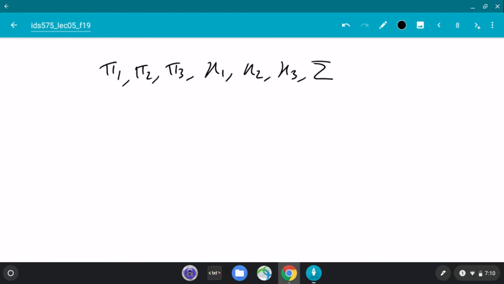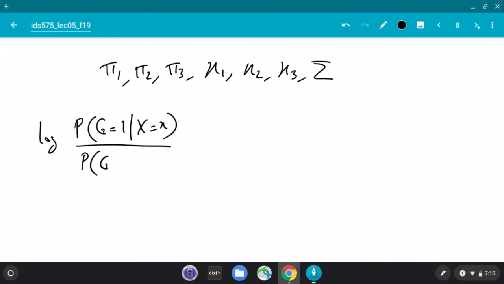And why is that? For that, let's look at the log of the probability of g equal to 1 given x equal to x, divided by the probability of g equal to 2 given x equal to x. Let's say there are 3 classes. Let's look at just the first 2 classes.